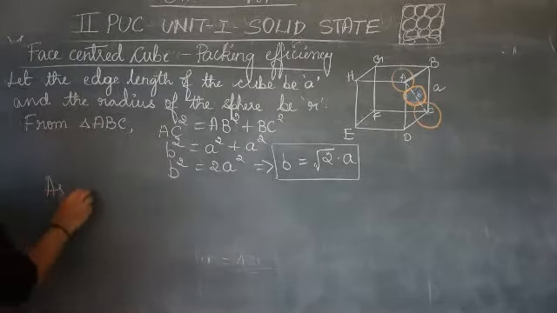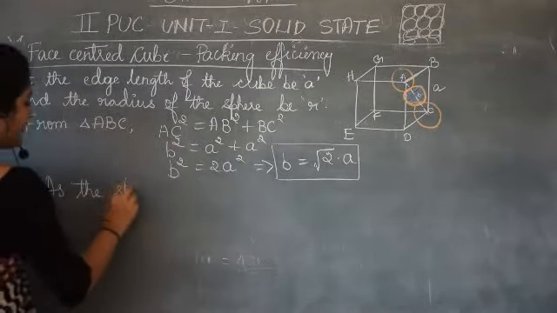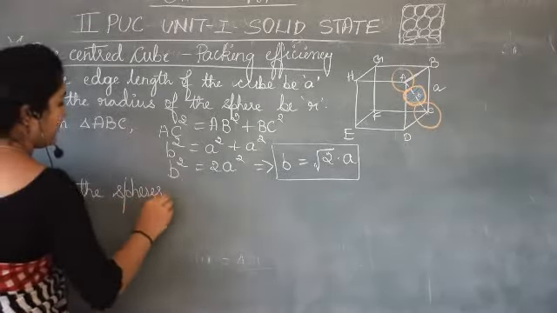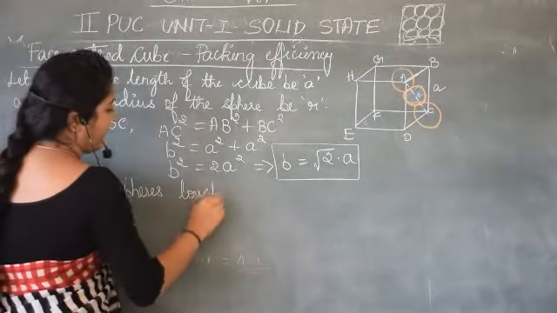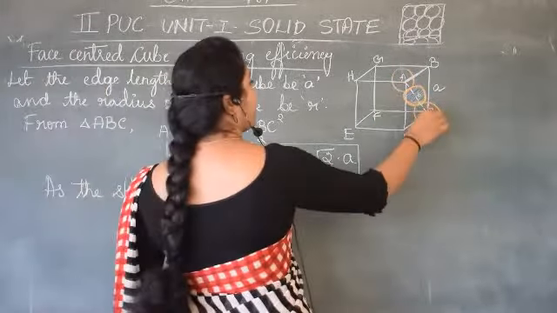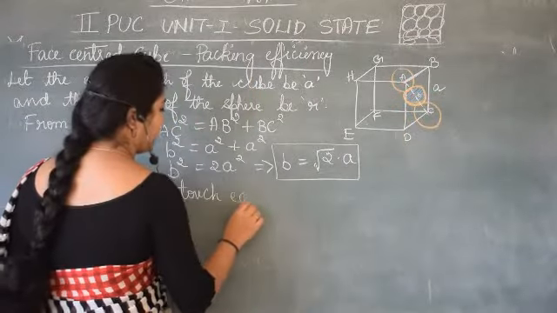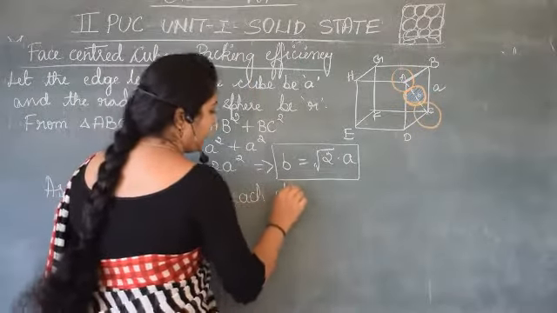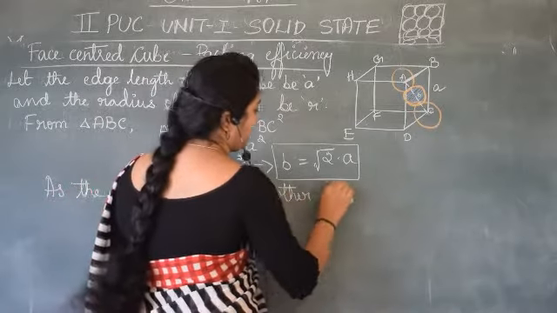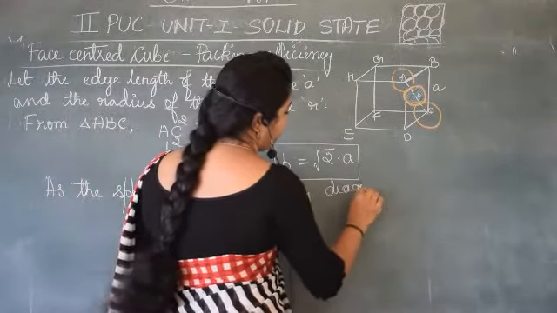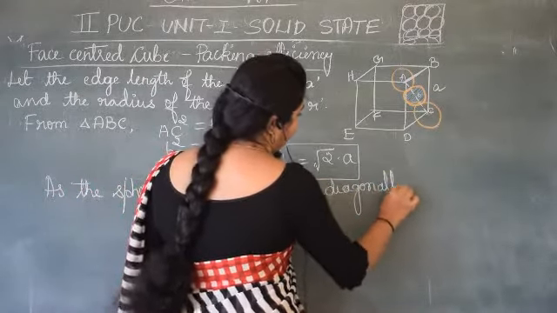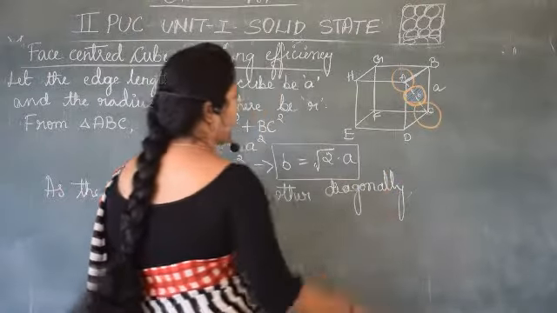So after you get it, as the spheres touch each other diagonally, we know that R is the radius of the sphere.